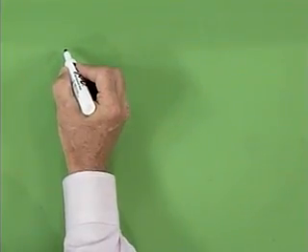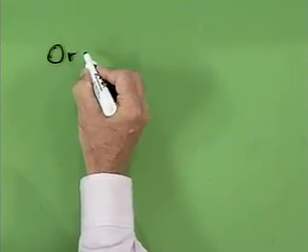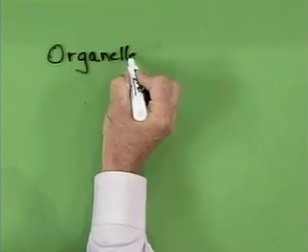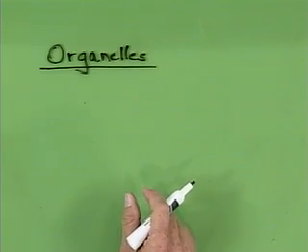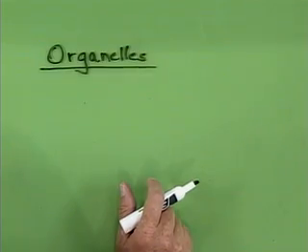All right, let's go inside of a cell and let's go to the overhead here and list some of the subparts of the cell that we'd find floating around in that cytosol. These subparts of cells, you said the other day, were called organelles. Who knows the name of an organelle and kind of what it does?